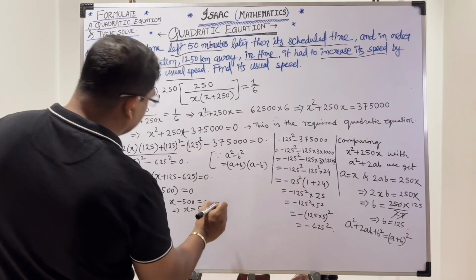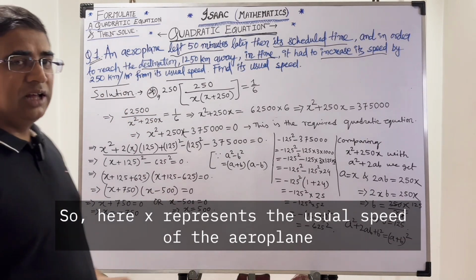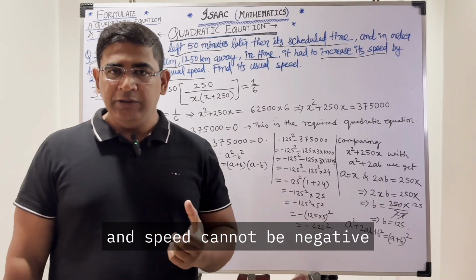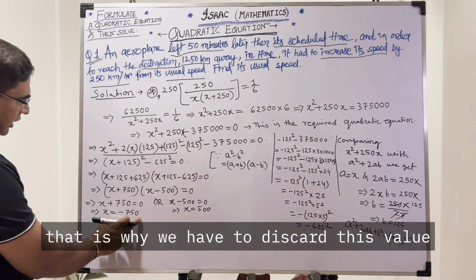Okay. So here x represents the usual speed of the aeroplane and speed cannot be negative. That is why we have to discard this value.